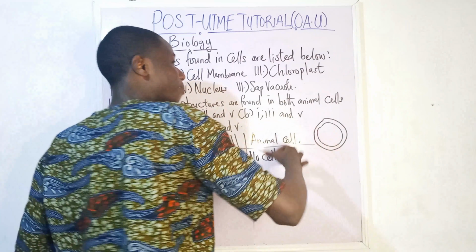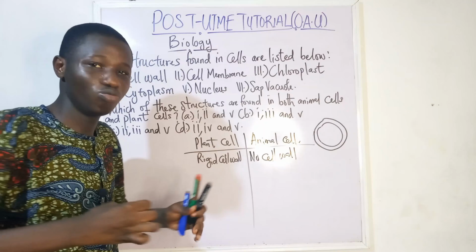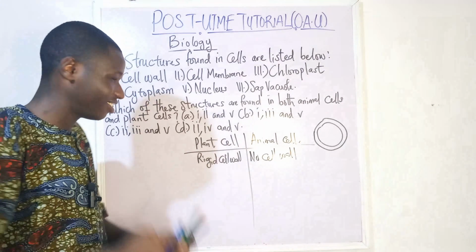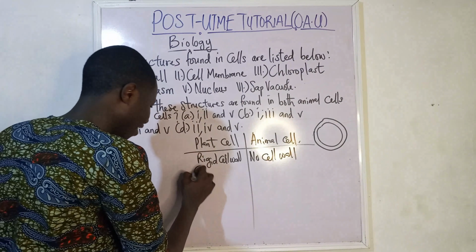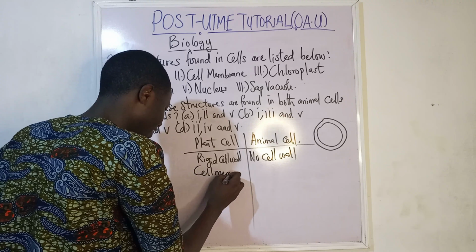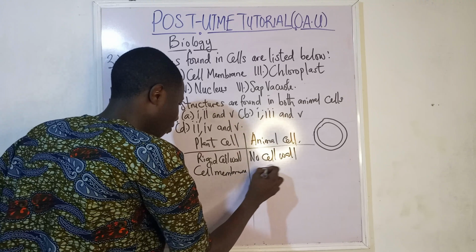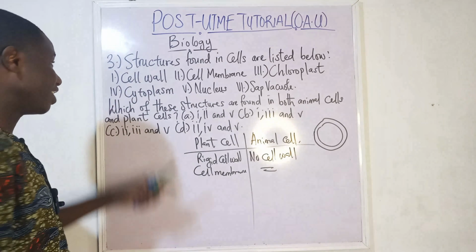But the cell wall will make the fence more rigid. Do you understand? So that's why animal cell don't have cell wall. So plant cell, they have cell membrane. The same thing with animal cell.